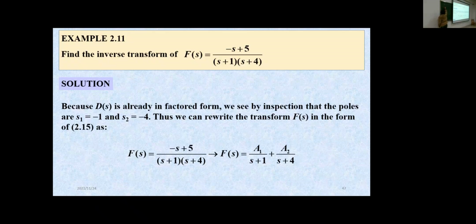A1 should be 2. Yes. Because it's 1 over 1, 1 minus 1 times 2.